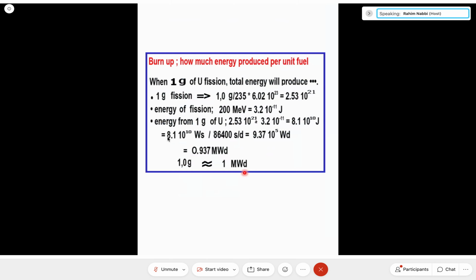I guess you know this table or this very small calculation. Burn up: how much energy is produced per unit fuel? If unit fuel is fissioned, how much energy? If you take 1 gram of uranium-235, fissile, fissionable material, on fission, how many atoms?